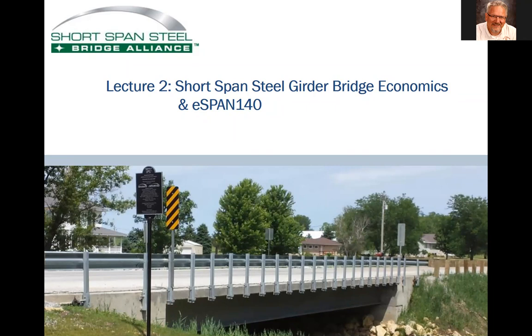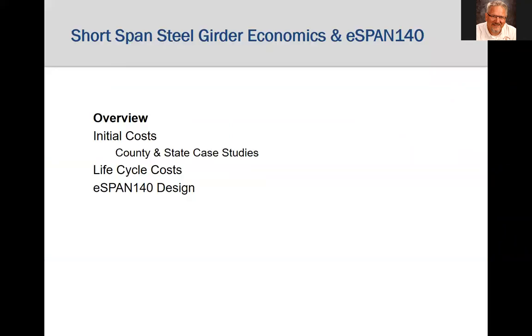The presentation concludes by demonstrating a free short span steel bridge design tool called E-span 140 so that engineers can produce a steel design in a matter of minutes instead of hours. Using E-span 140, the engineer can quickly and directly compare a steel bridge and a concrete bridge side by side.